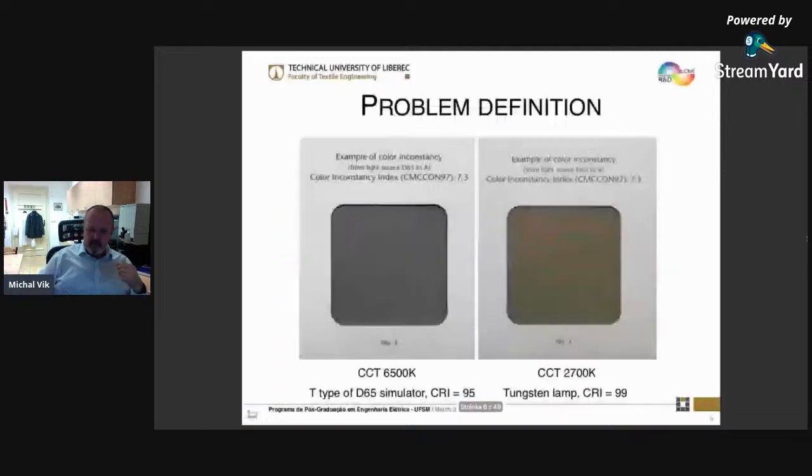What I mean is, if we were thinking, for example, about color constancy, we can also have samples which are so-called color inconstant. What do we mean by that? If I have, for example, outdoor light, D65, and I simulate this light source via a tungsten type daylight simulator, that means filtered tungsten, with a correlated color temperature of 6500 kelvins, you can see on the left side of this slide that our sample appears almost green.